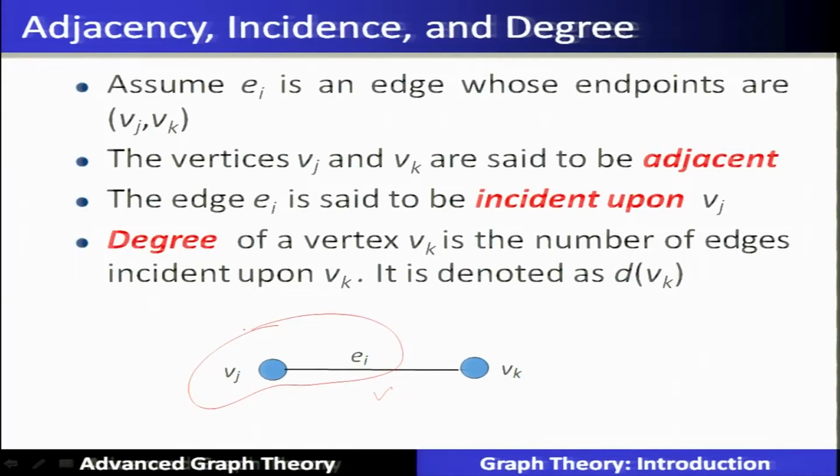Degree of a vertex Vk is the number of edges which are incident upon Vk and is represented by degree of Vk. So, the degree of Vj is nothing but how many edges are incident. Here we can see only one edge Ei is incident, so the degree of Vj becomes 1. Whenever we are counting the degree, we are finding out how many edges are incident on that particular vertex, and that becomes the degree of a vertex.